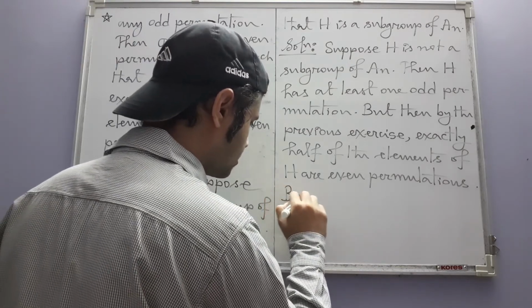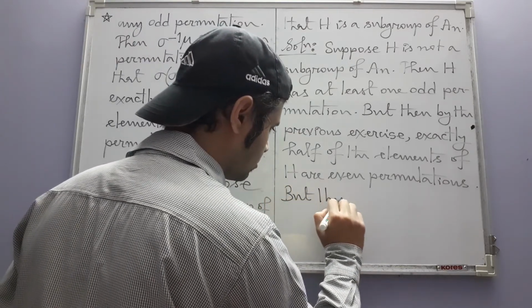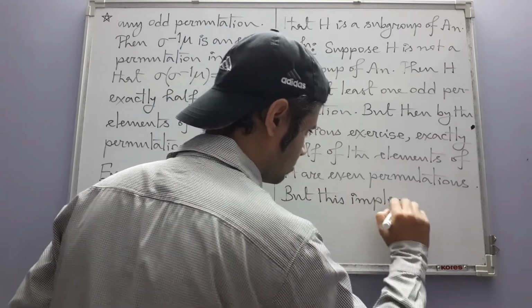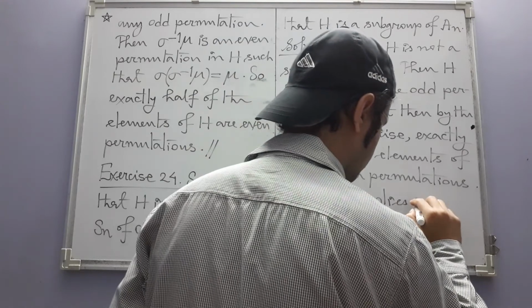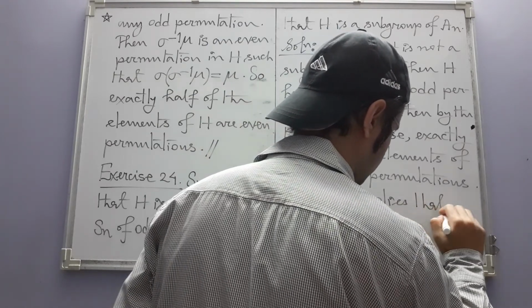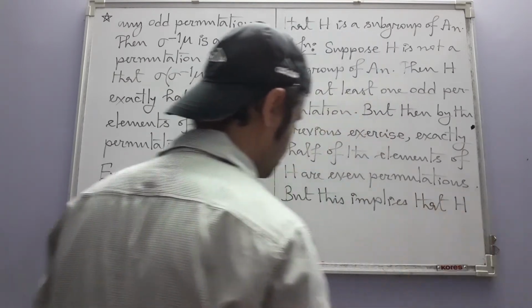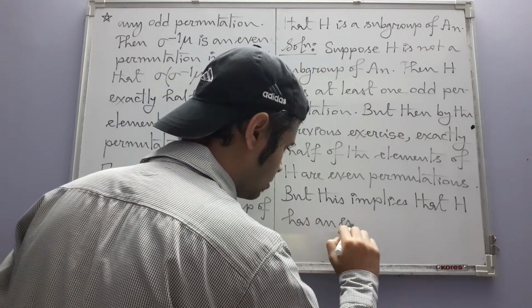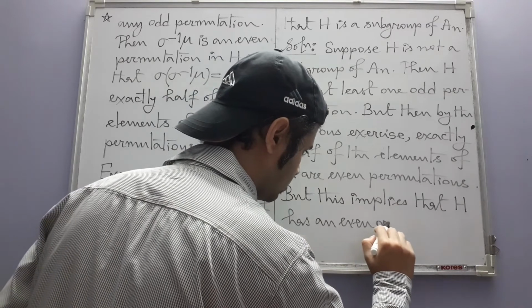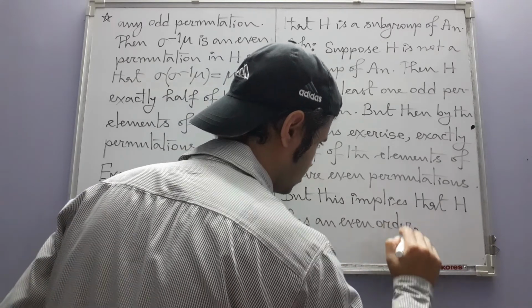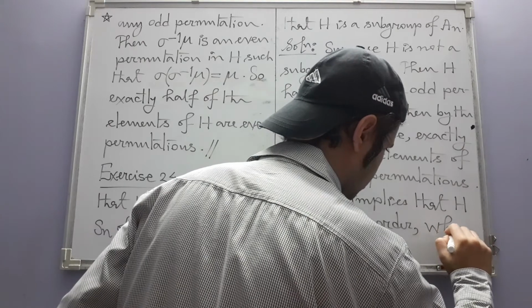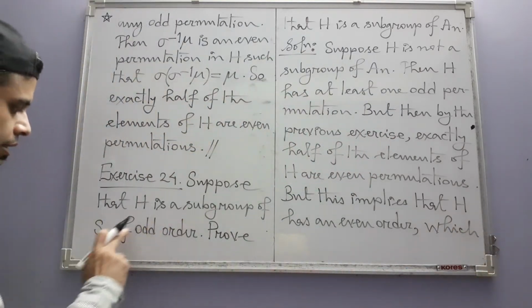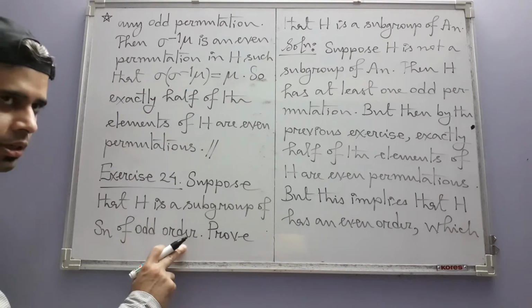But this implies that H has an even order, which is a contradiction, because it's given that H is of odd order.